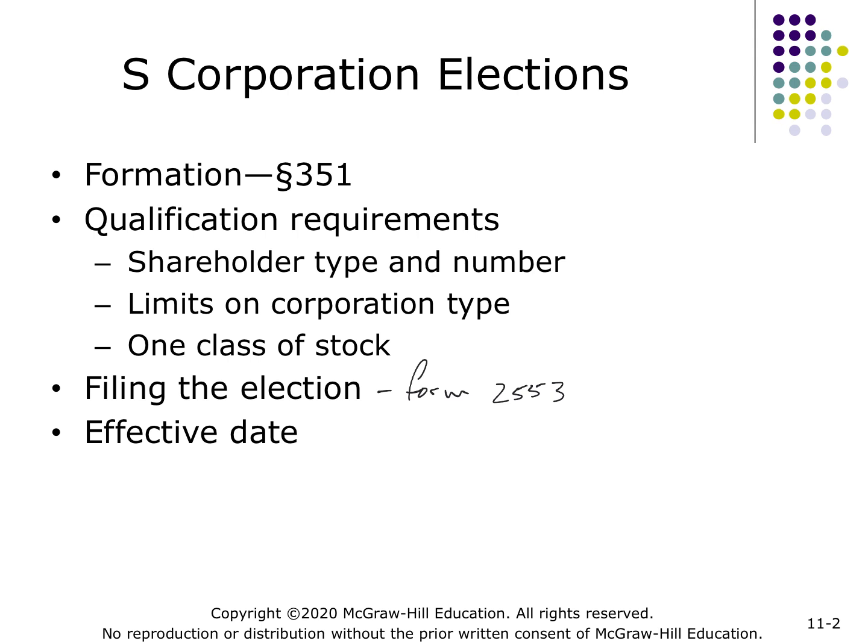an S corporation. Now, the other thing that you have to do is be organized in the United States, okay? And you have to only have one class of stock, okay? So one class of stock means that you have identical distribution and liquidation rights.